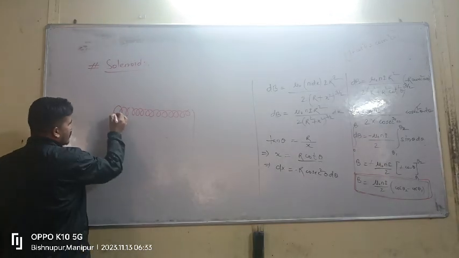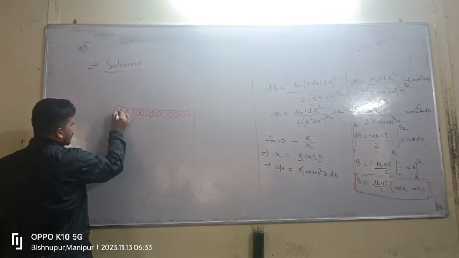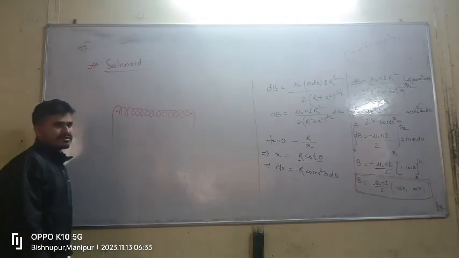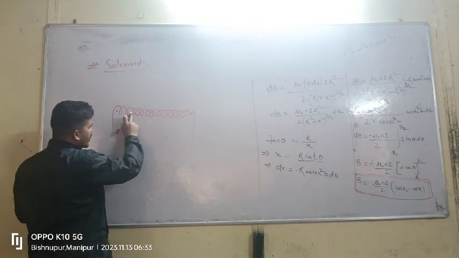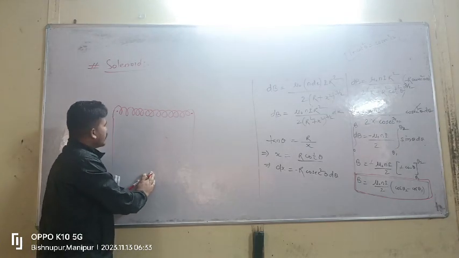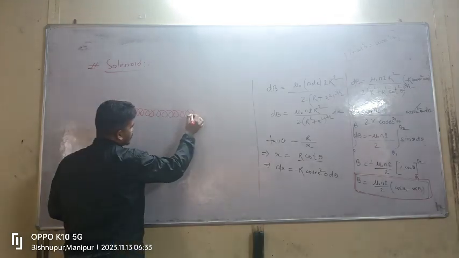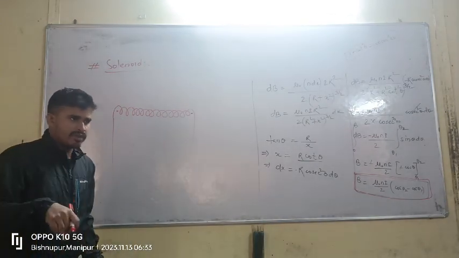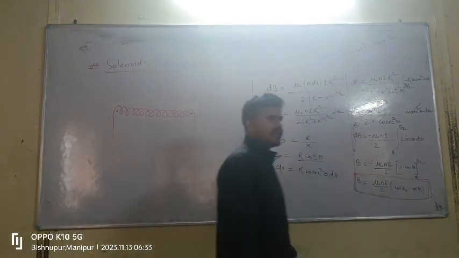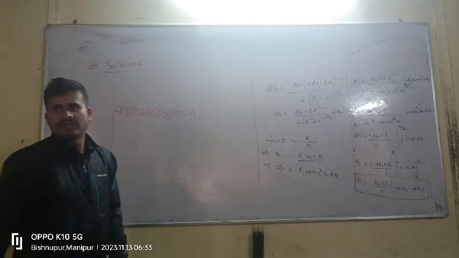What about the magnetic field just at the ends? We know the magnetic field inside the solenoid is the same and uniform. What about at the ends? Is it the same or different? Can you calculate it using this formula?